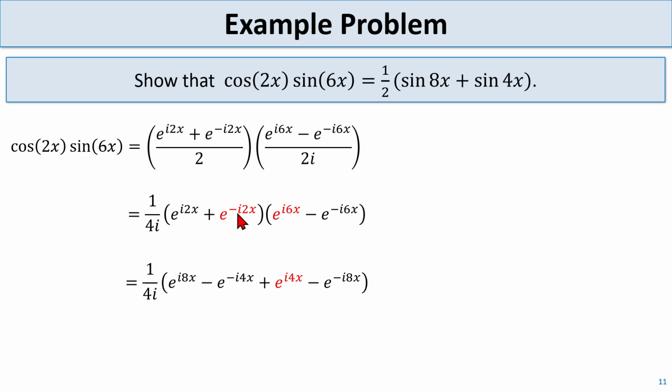So adding their powers together, -2 and +6, add to +4. And last, when we multiply the last terms, we have to add -2 and -6, giving -8. So now we've fully expanded it.